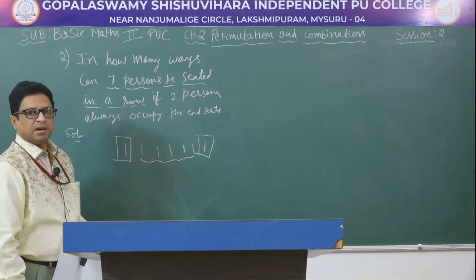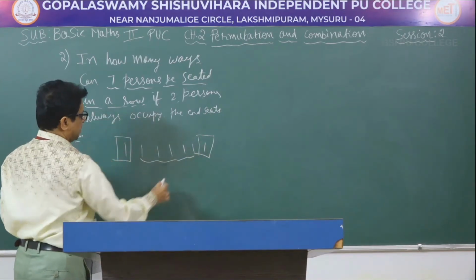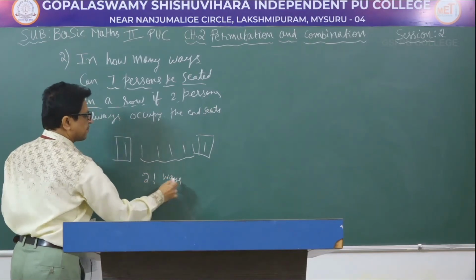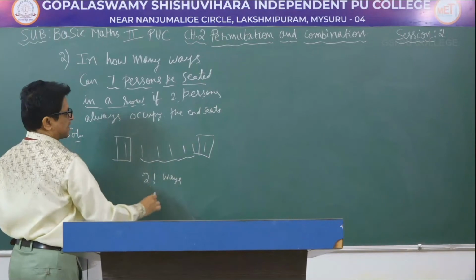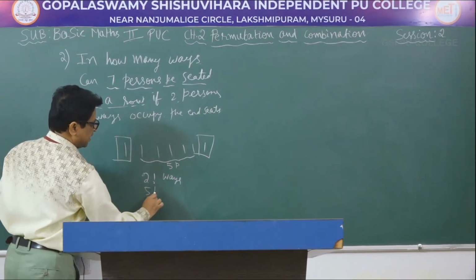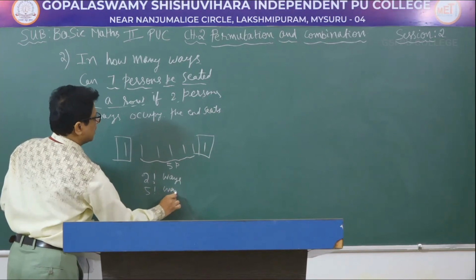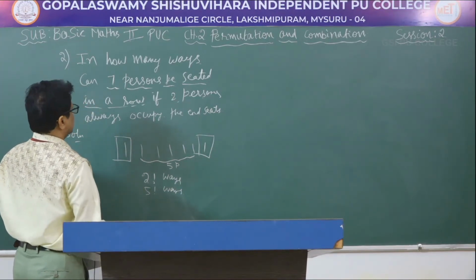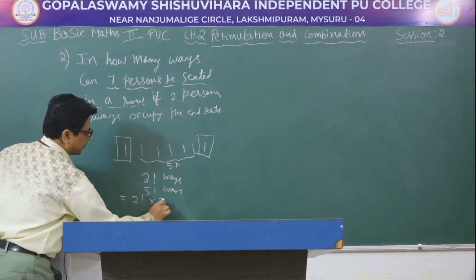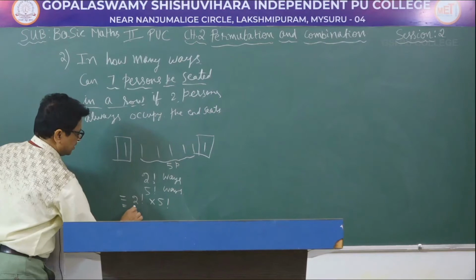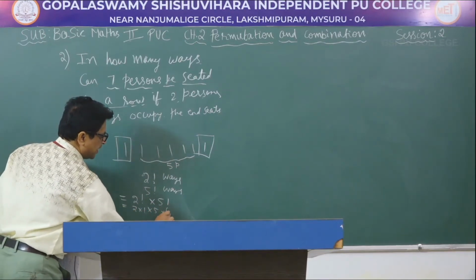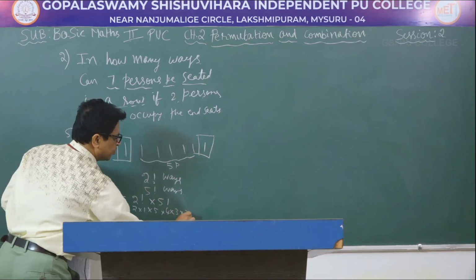Since 2 persons always occupy the end seats, they can be arranged in 2 factorial ways, and the remaining 5 persons can be arranged in 5 factorial ways. Therefore, the number of ways of arrangements will be equal to 2 factorial into 5 factorial, that is equal to 2 into 1 into 5 into 4 into 3 into 2 into 1.